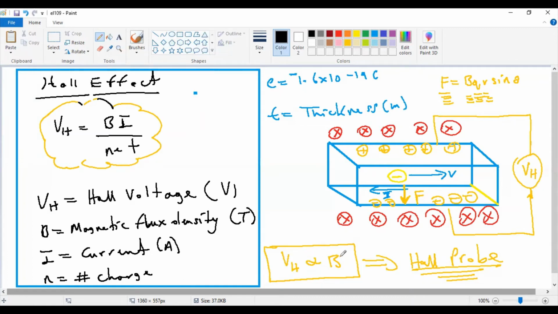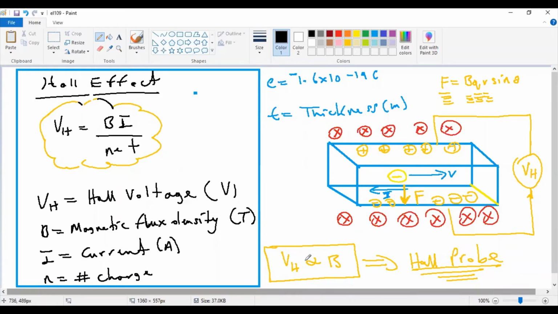As the magnetic flux density increases, this voltage VH will also increase. So if we have an instrument that can measure voltage, we also have an instrument that's measuring magnetic flux density. That is what this formula is telling us. Once we have an instrument that's measuring the voltage, technically we're measuring how strong the magnetic flux density is. All right, so that's the concept.